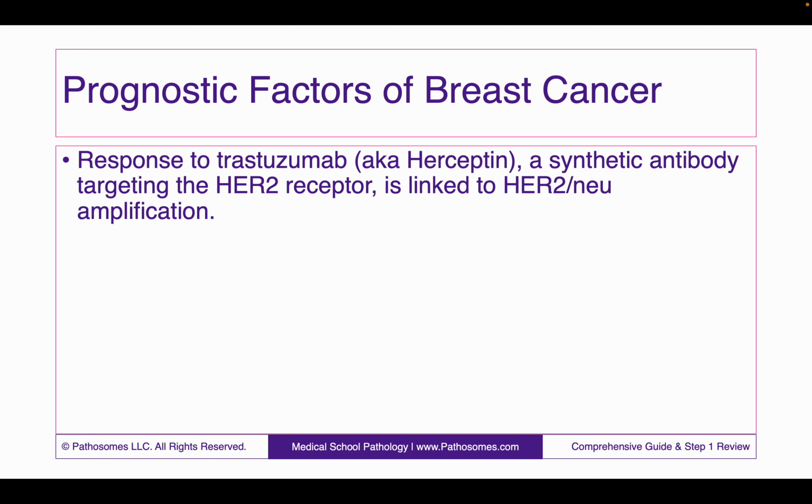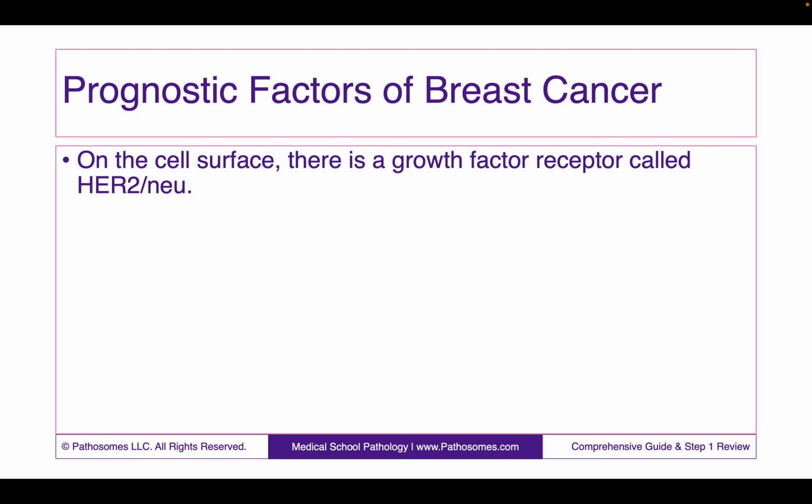So if you see HER2/neu amplified on your reports that you get back from pathology, you can utilize Herceptin for all intents and purposes. On the cell surface, there is a growth factor receptor called HER2/neu, right?